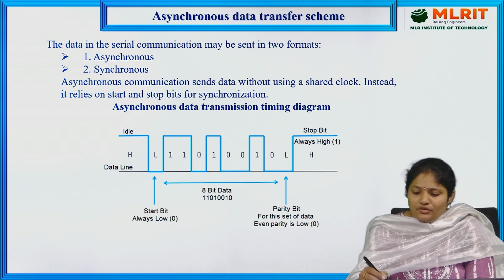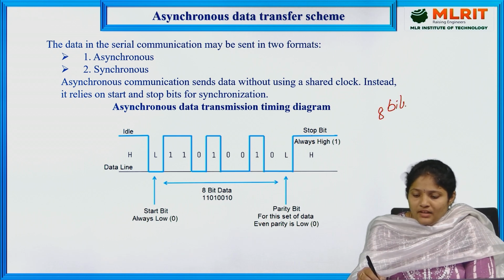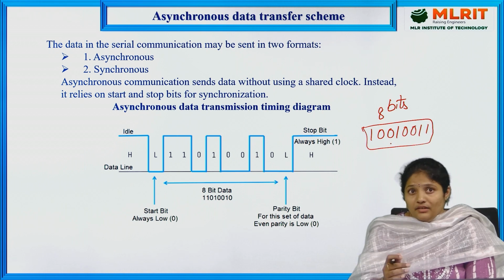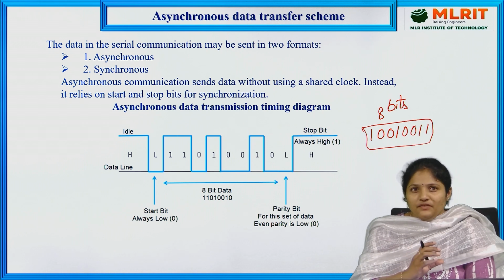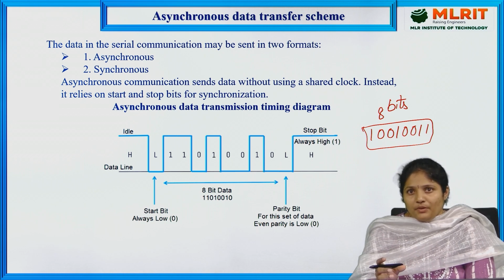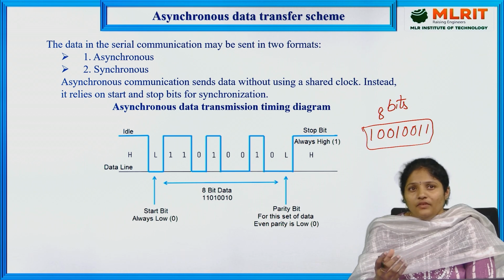If I want to send 8 bits of data, like 10010011, this needs to be transmitted from the transmitter and received by the receiver. But there is no clock signal to start the operation. So what will we do? We transmit the data, and the transmitter will add start and stop bits.